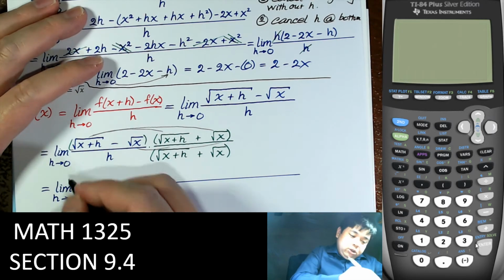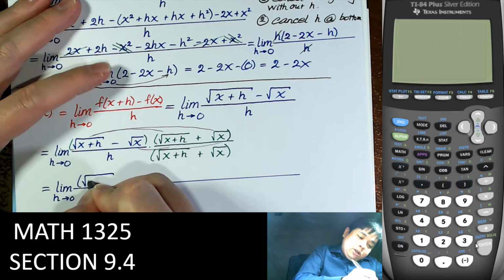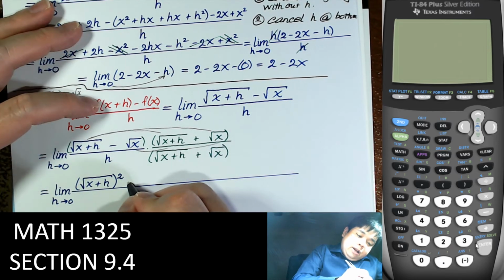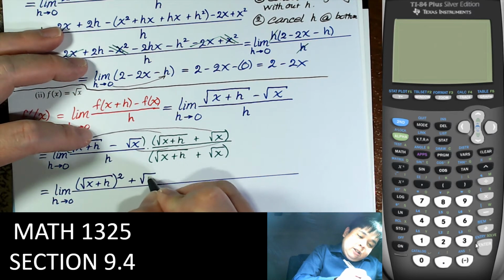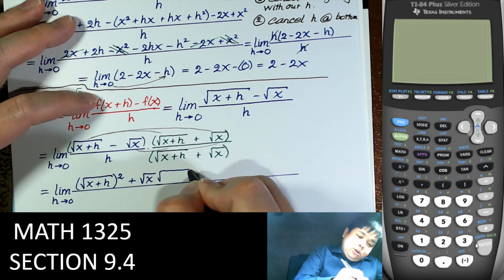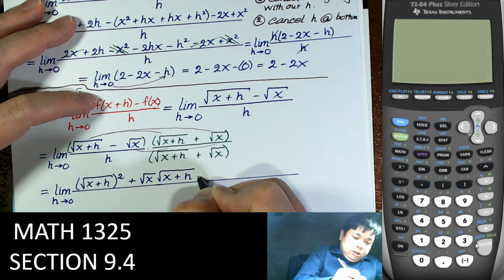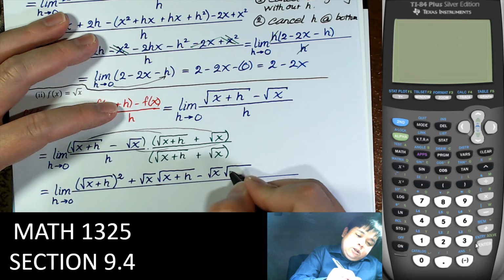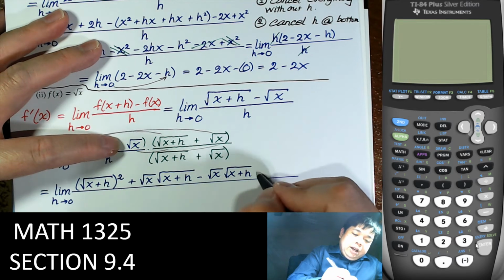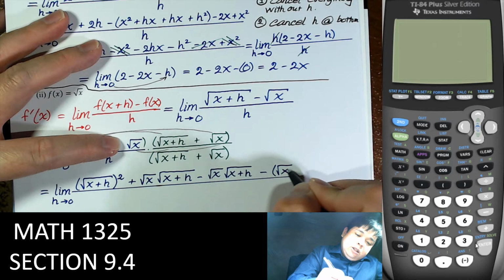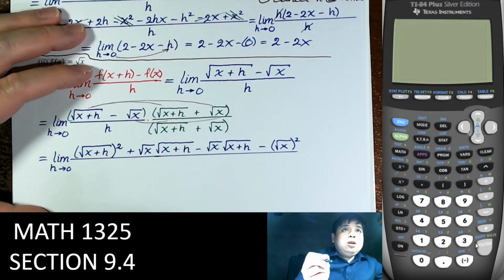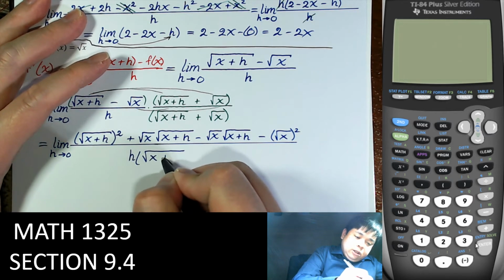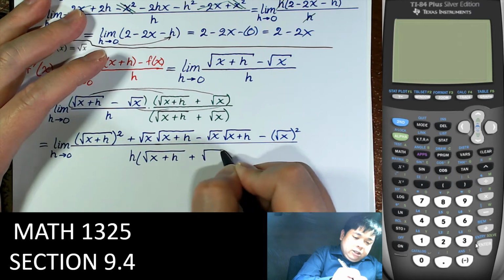Square root times square root, so that is the square root of x plus h squared, and then plus square root of x plus h times square root of x, and then minus square root of x times square root of x plus h, and then minus square root of x squared, all over h times the square root of x plus h plus the square root of x.